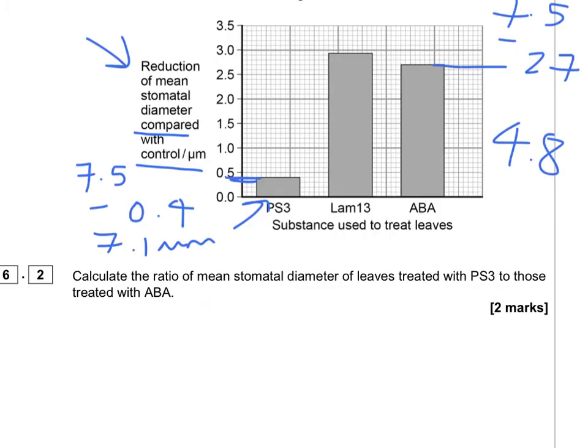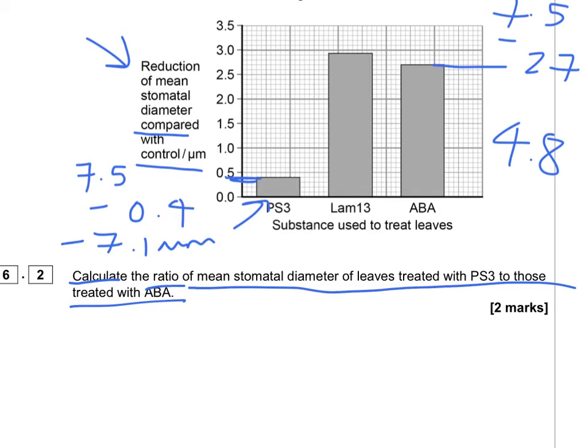The question says, calculate, so get your calculators ready, the ratio of the mean stomatal diameter of leaves treated with PS3 to those treated with ABA. So you've got to compare it with the control. So you'll get your 7.5 and you'll divide it by the 4.8. It's not 7.5, is it? It's 7.1, sorry.